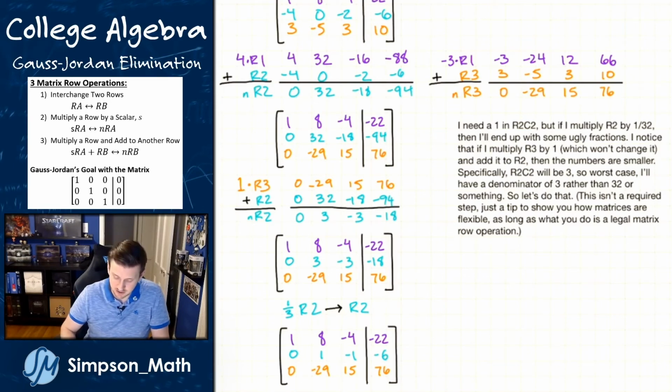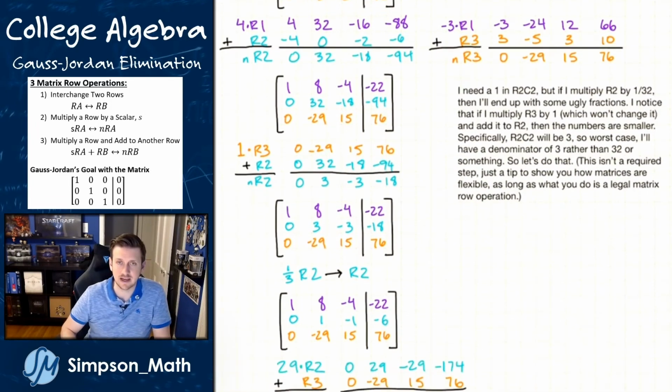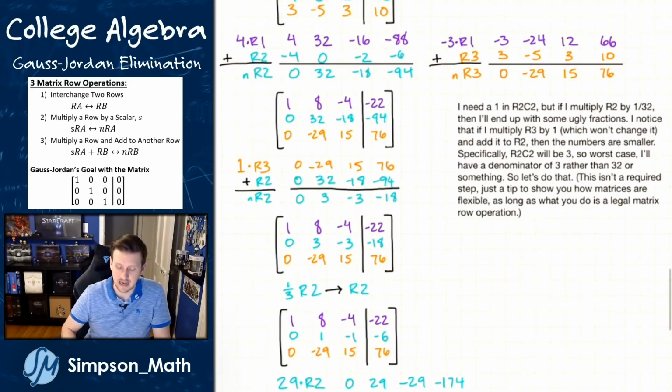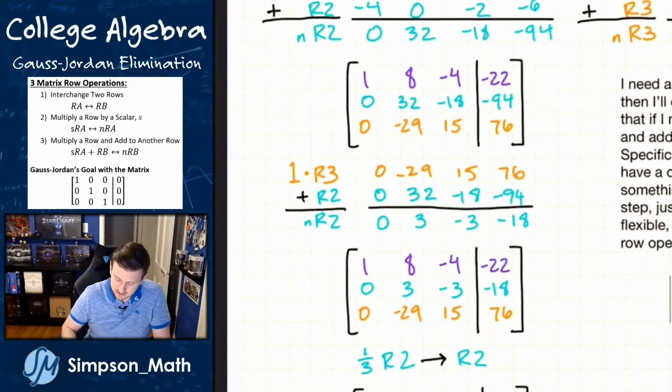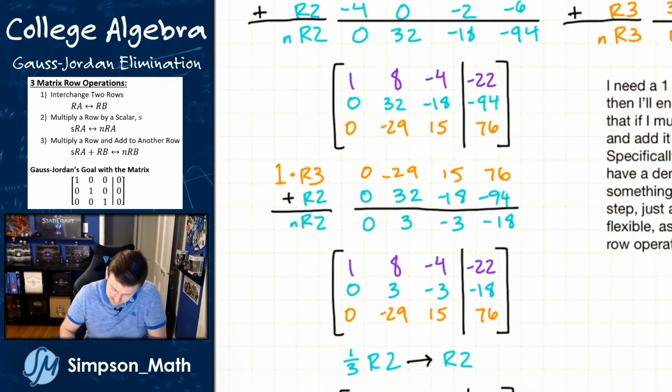I once tried multiplying this row times 1 over 30, multiply this row times 1 over 32. I was like, the fractions will be fine later. They just got gross. Promise. So let's follow through with the steps to see how we can get this to be a 1. All right, I noticed something. I saw it. I was like, whoa, look at this.